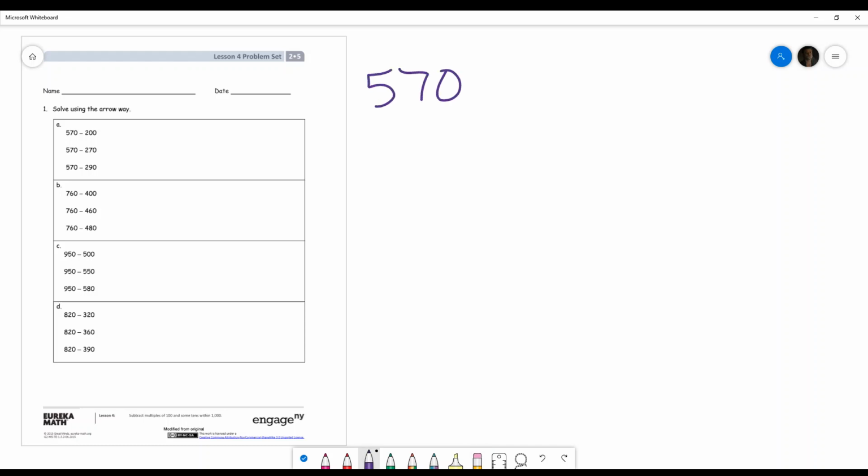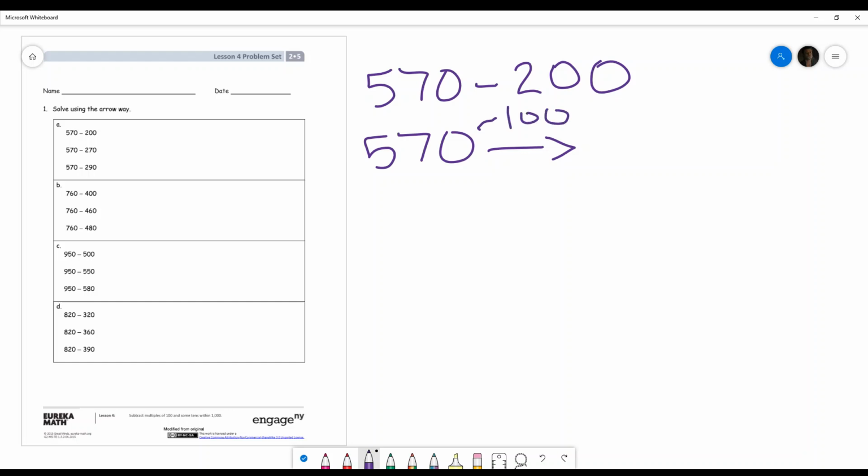570 minus 200. Now I'm going to start with my 570, and I'm going to work in pieces, in parts. So I'm going to take apart 200. I'm going to subtract 100. 570 minus 100 is 470.